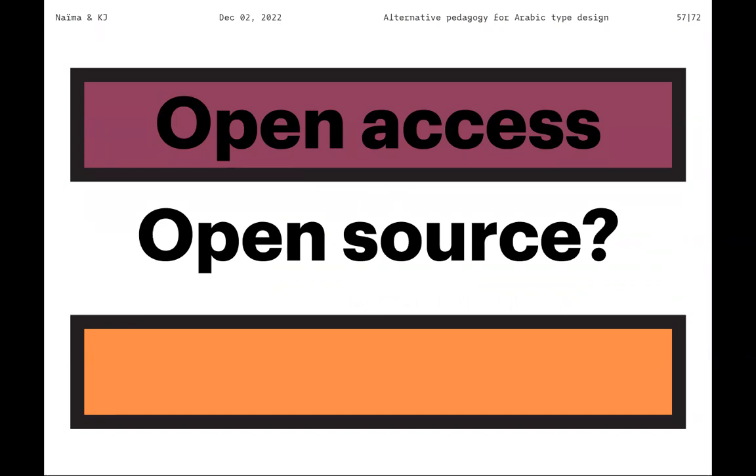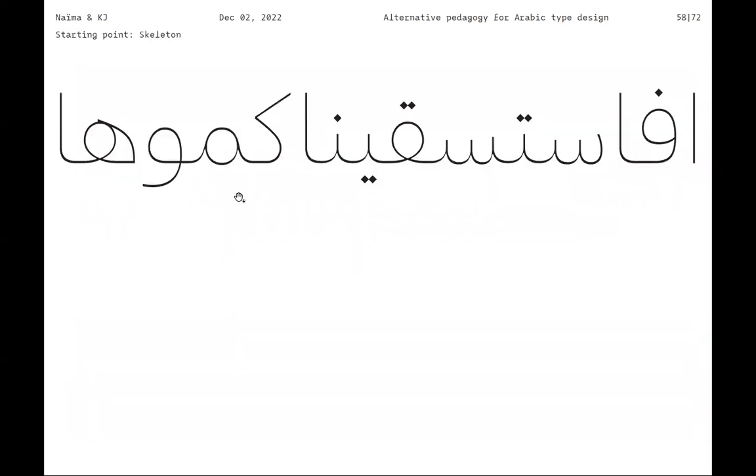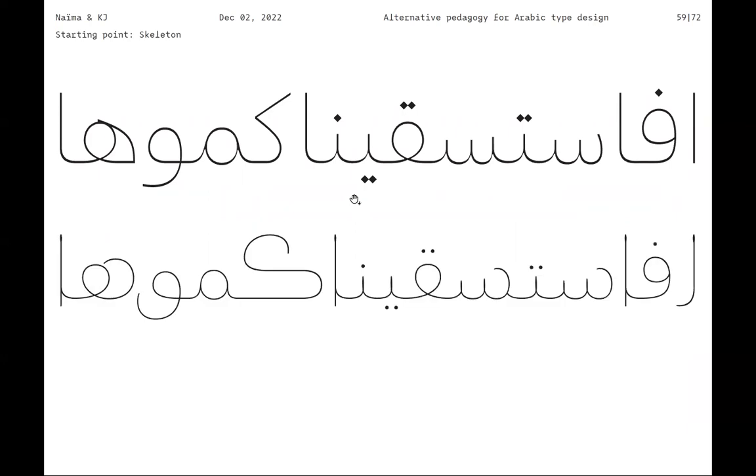And to push further this idea of open access and open source, we also thought about, okay, what more can we do? What more can we put out there as pedagogical material? And we thought it could be interesting to share skeleton typefaces for the different styles, such as a simplified Naskh structure, or a simplified Maghrebi structure, and then more styles.